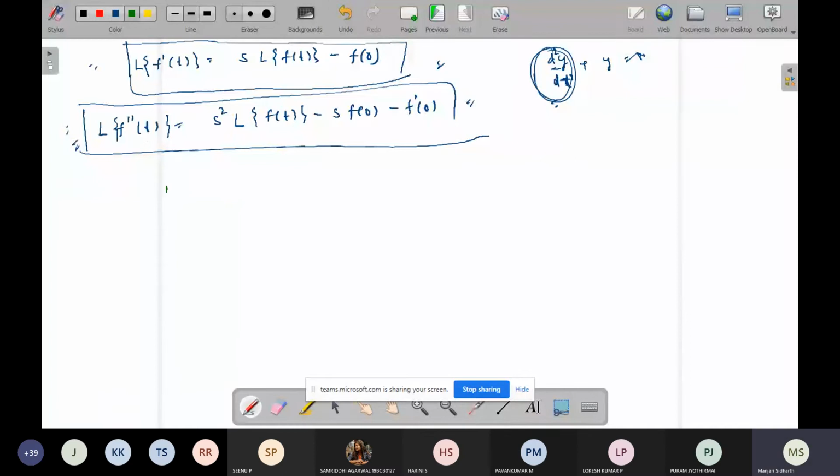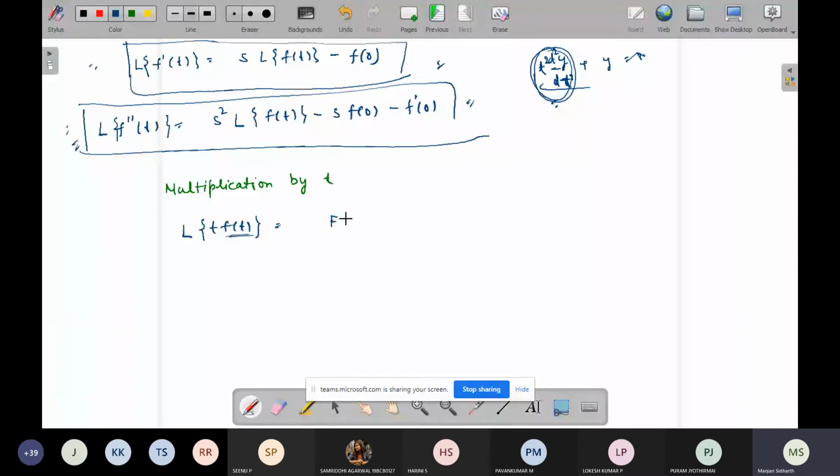Now, if it is multiplication by t or t powers, then the Laplace transformation of t times f of t. Suppose it is multiplied by t square like that. Then what to use? First, you should know the Laplace transformation of f of t, so F of s.